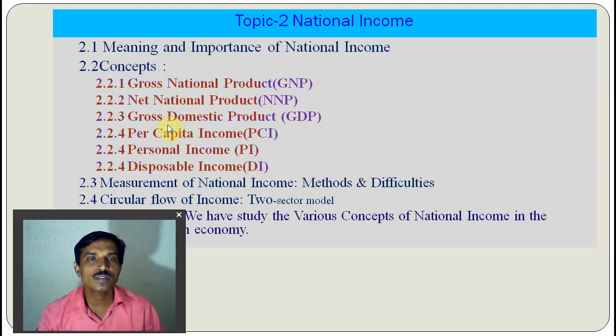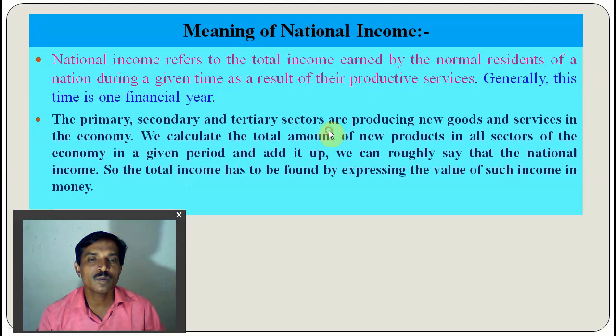These are the concepts we see as alternatives for national income. National income we count as GNP, GNI, or GDP also. So what is the meaning of national income, which we revise for our study purpose.